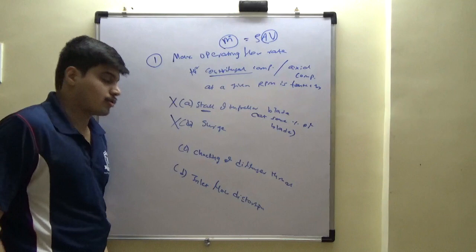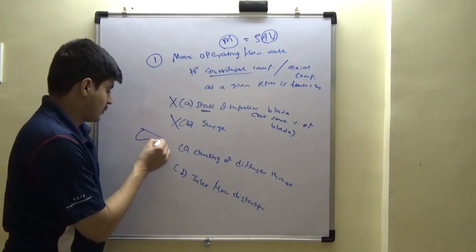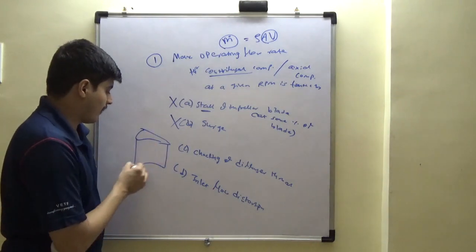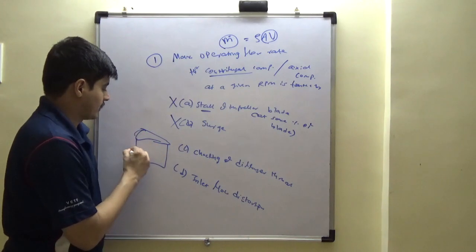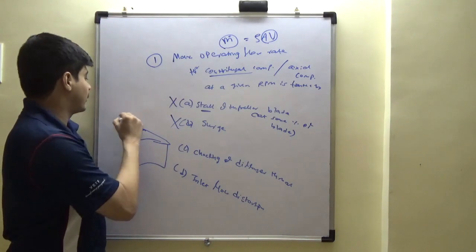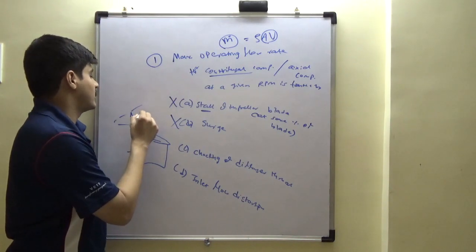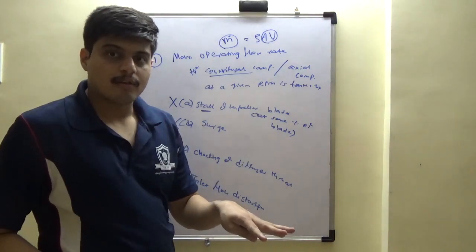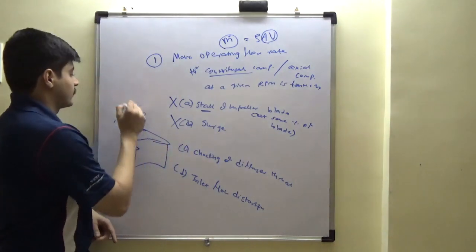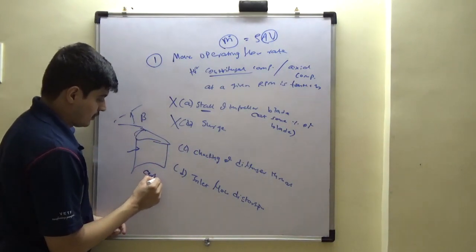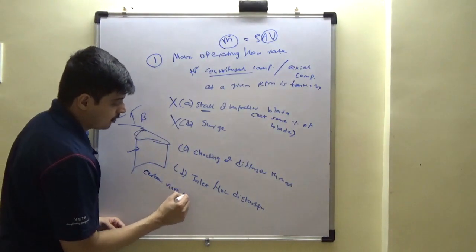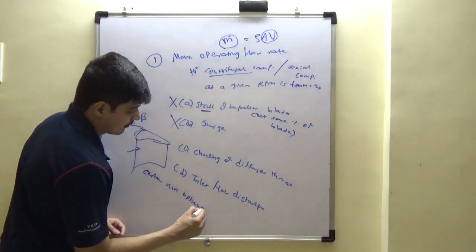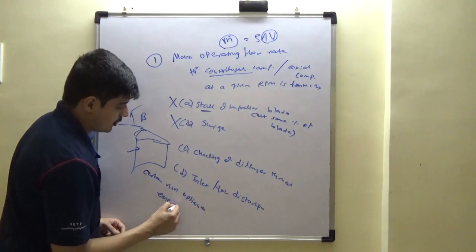Inlet flow distortion. This is the blade, may it be of axial or centrifugal. The flow is getting directed at certain angle, theta or beta. Distortion would cause certain non-optimum energy transfer.